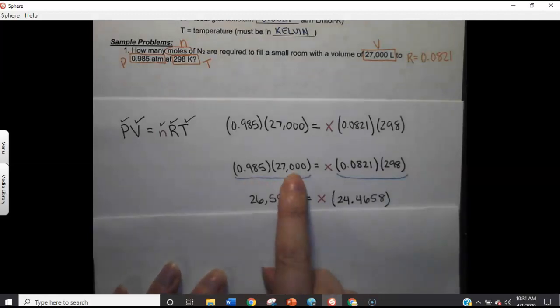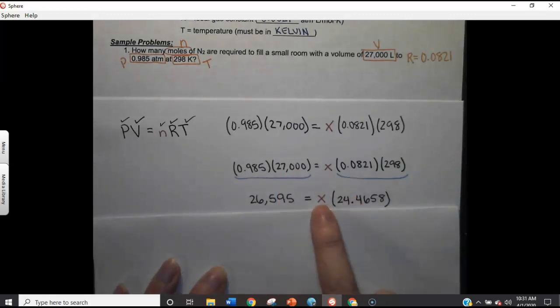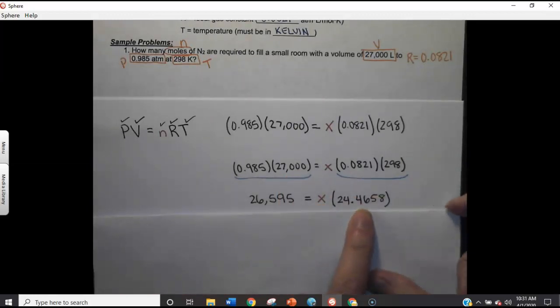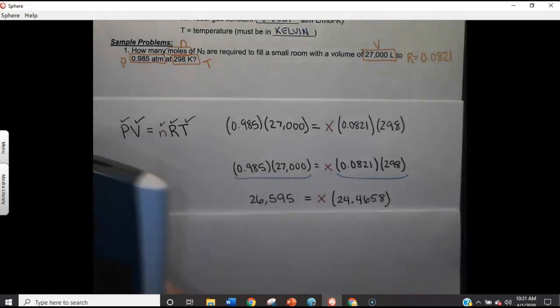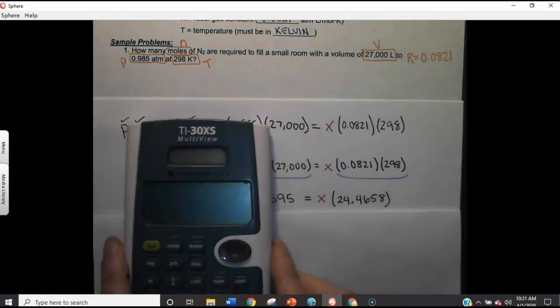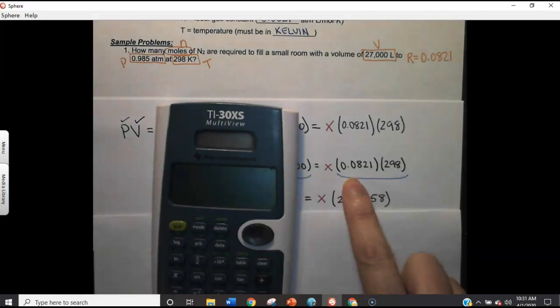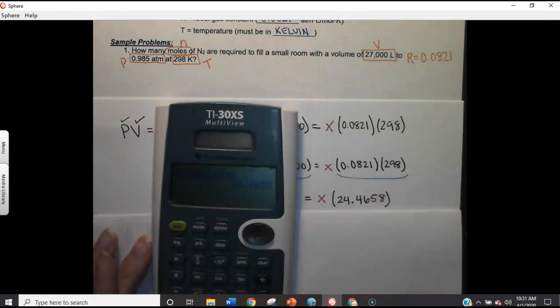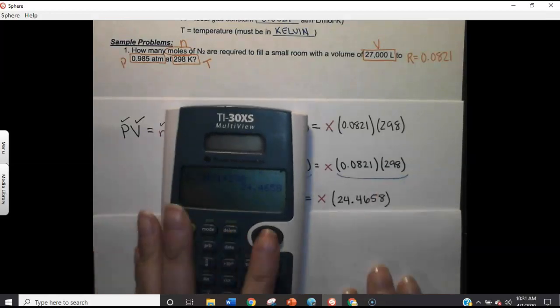That's this answer times this answer. So that equals x times 24.4658. Okay, and I'll show you where I got that number from. That's just this one, 0.0821 times 298. Okay, so I just combined like terms.